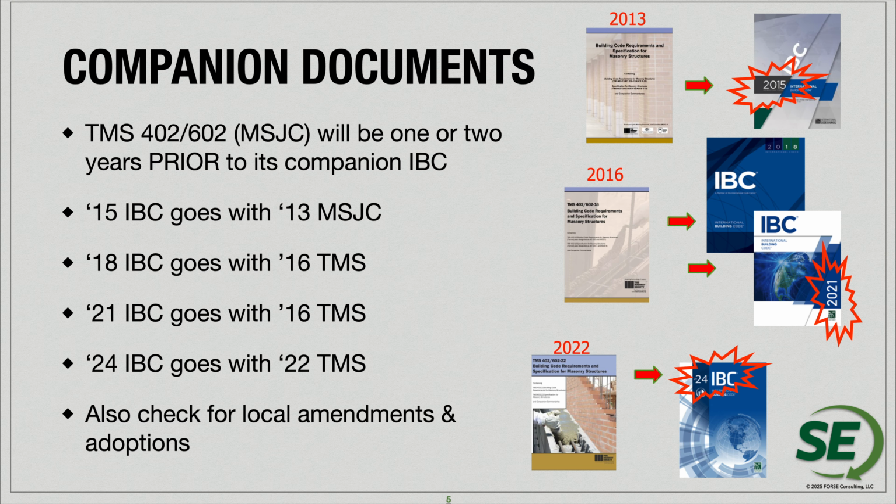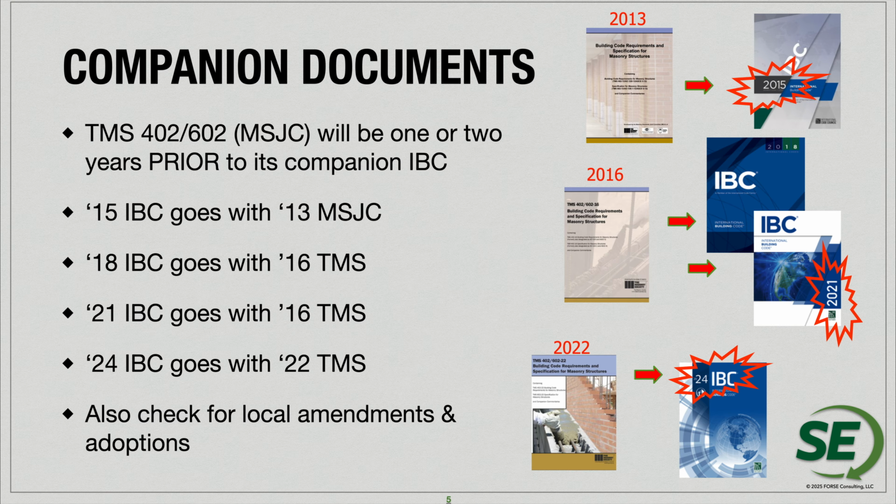It's always good to go over what some of the different companion documents are, looking at the different masonry codes through the years. So the 2013 code, what was then referred to as the MSJC, was a document put together by a group of people from TMS, ACI, and ASCE. In 2013, that was referenced by the 2015 International Building Code.